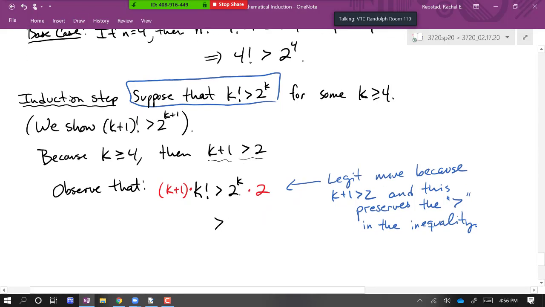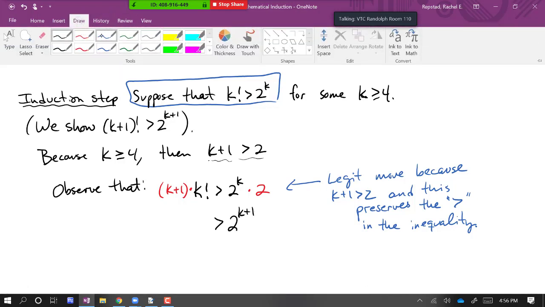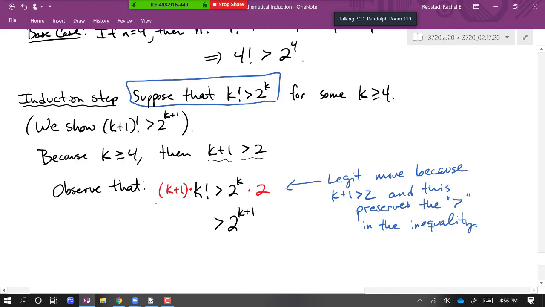Okay, so the right side is fairly easy because 2 to the k times 2, or 2 to the k times 2 to the first, we add the exponents, we get 2 to the k plus 1. What should we get when we take k factorial and multiply it by k plus 1? K plus 1 factorial. Yeah. Right, because k factorial is 1 times 2 times 3, and so on, times k, and then times k plus 1.